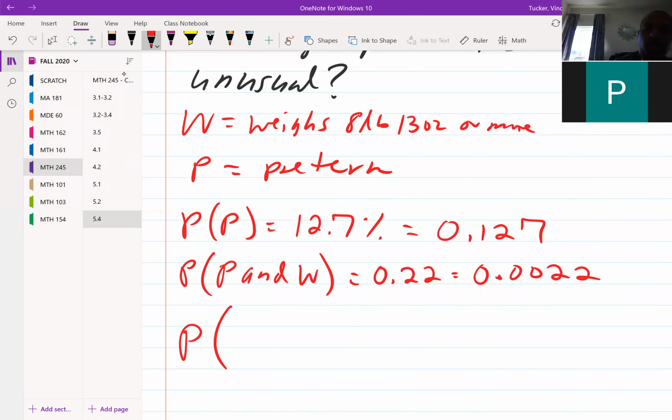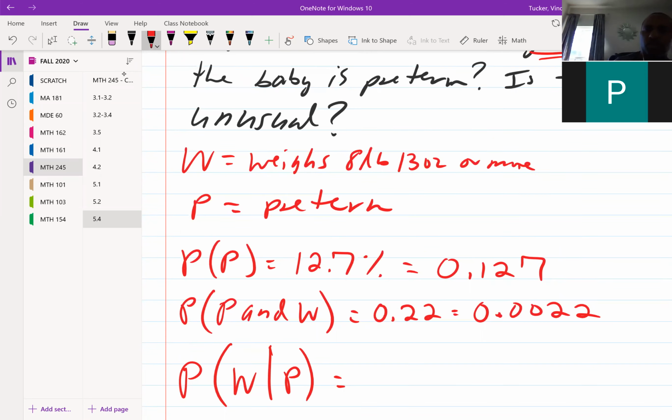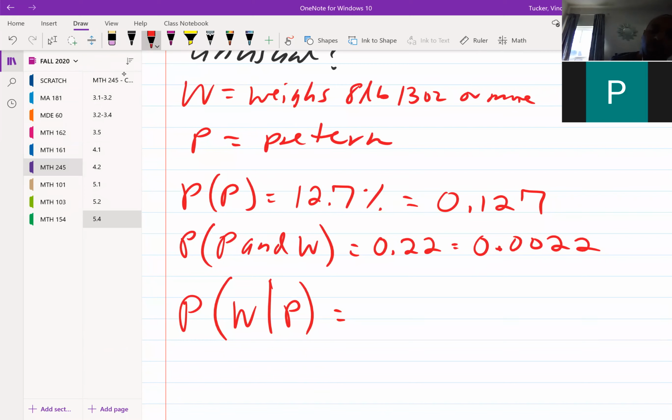So we're looking at W given P. So weighs given that P already occurred.